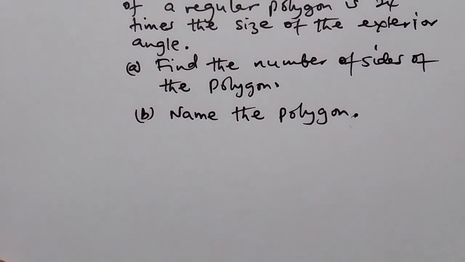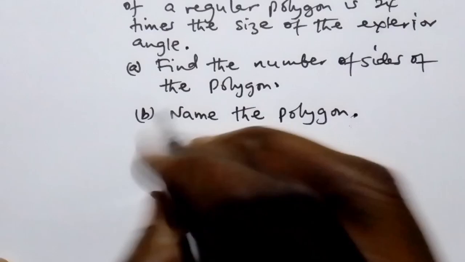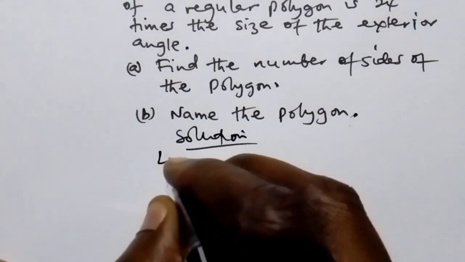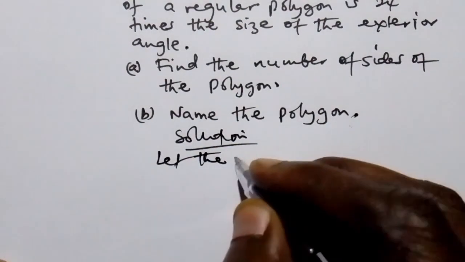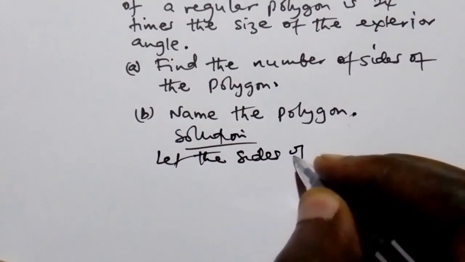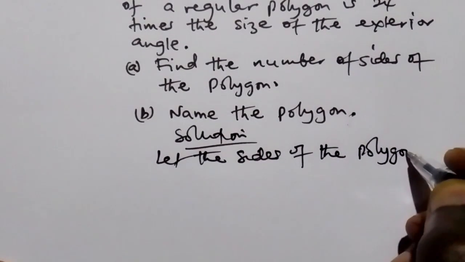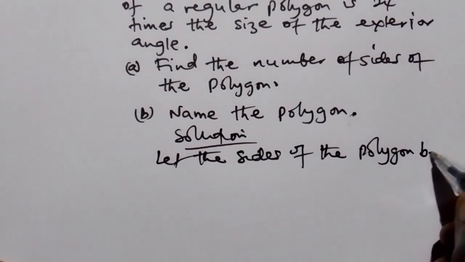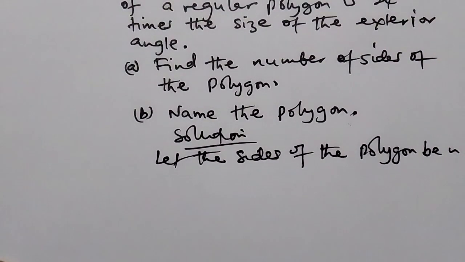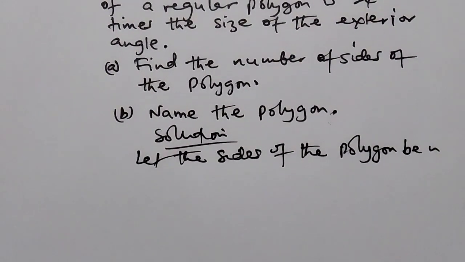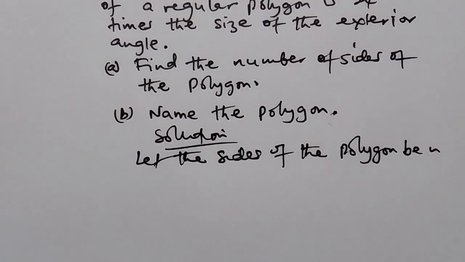So let the number of sides of the polygon be n.